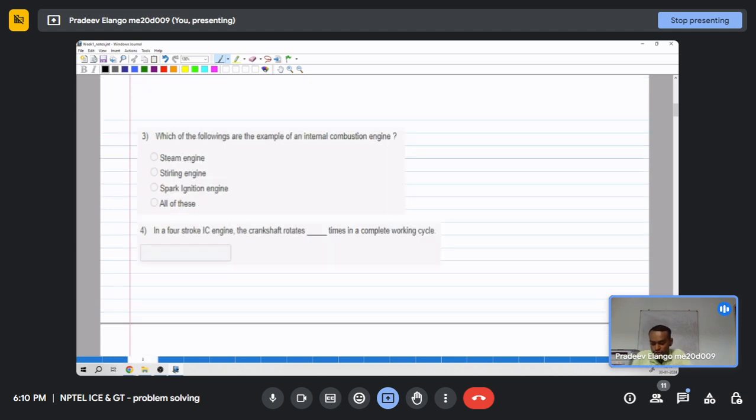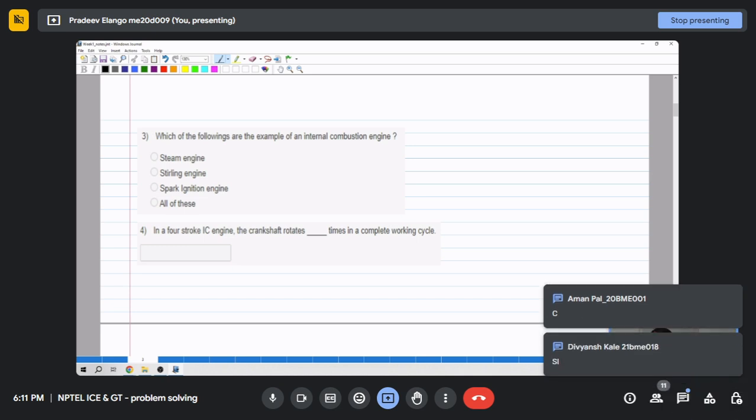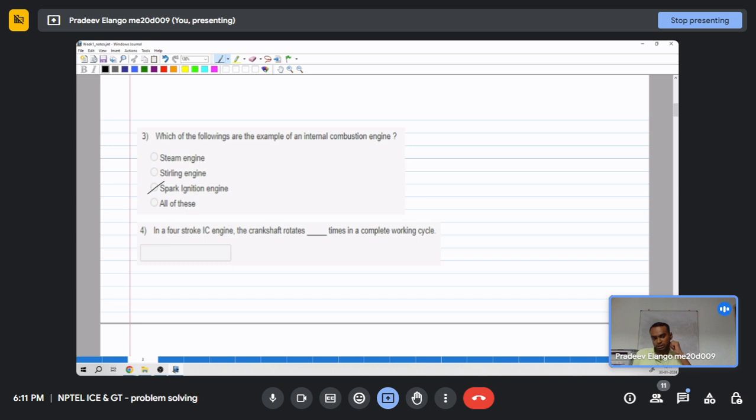Which of the following is an example of an internal combustion engine? Steam engine, Stirling engine, spark ignition engine, all of the above. SI engine. So why do we say like this?